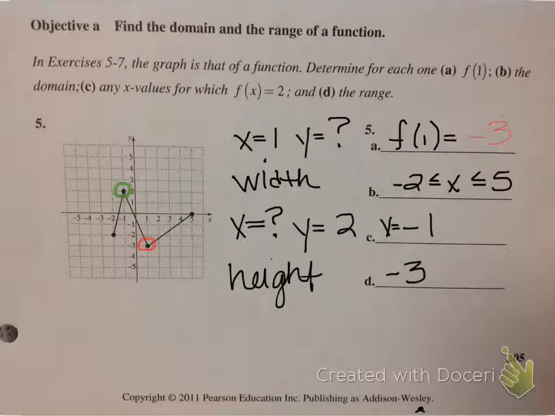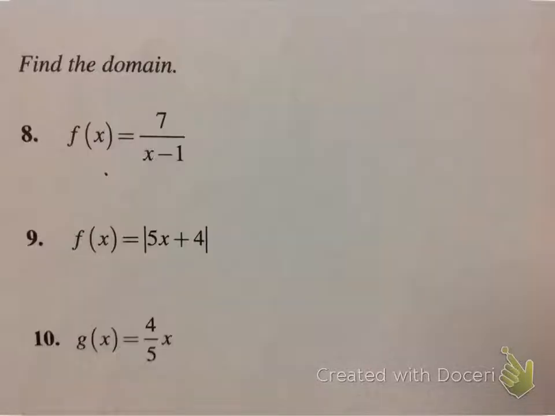The highest it appears to go is 2. So my y is in between -3 and 2. So I have to be less than or equal to, oops, and that's a positive 2. Okay, just wanted to make sure. I have to be less than or equal to 2, and at the same time greater than or equal to -3. So you really have to watch your terminology and your vocabulary on these problems.